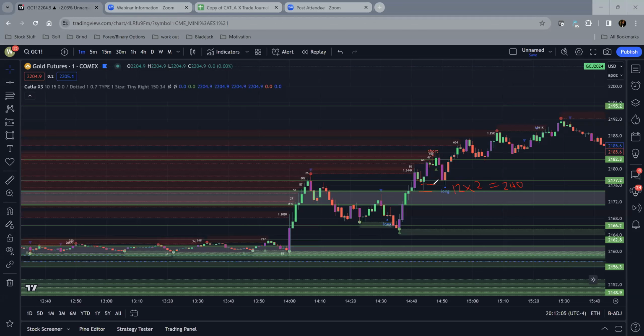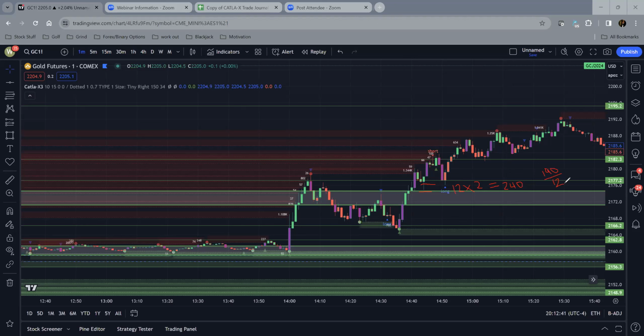So to get my risk to reward ratio, I need to divide 190 by 12. What is my risk to reward ratio? Yep, 15.8.